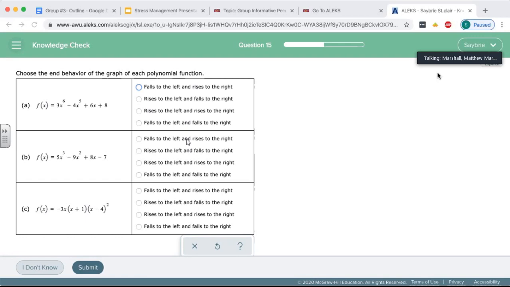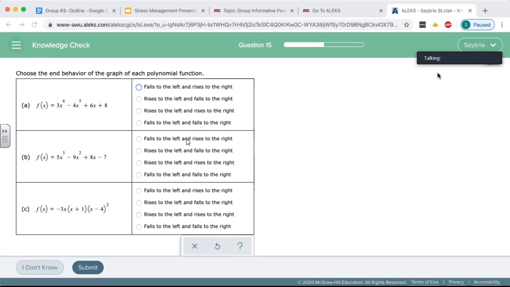Like case 1, case 2, case 3. Oh, you know what? Yeah, we can get these right by using Desmos. Let's do that. Yeah, good idea.